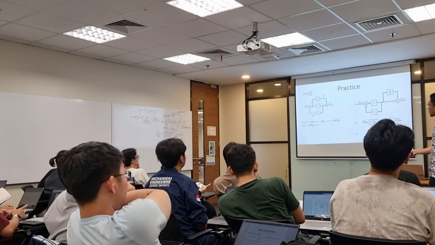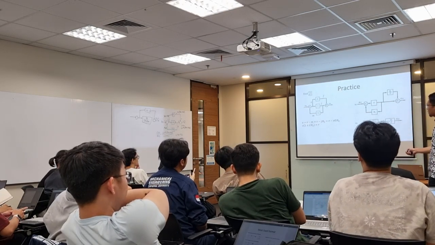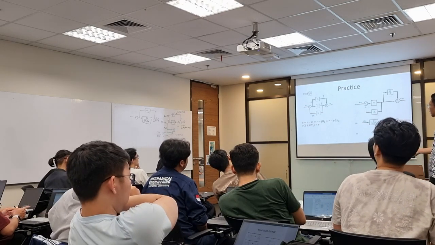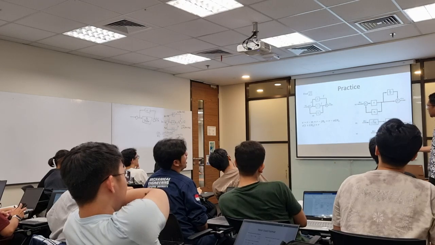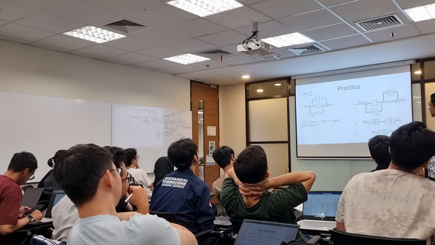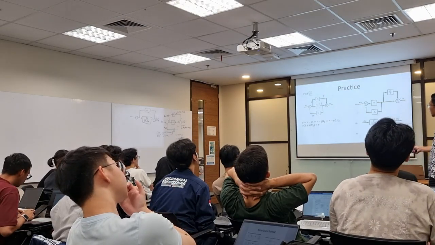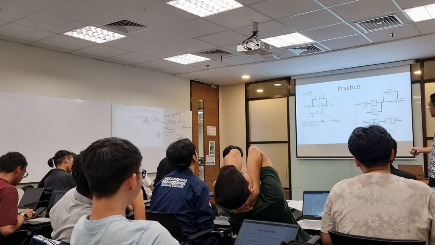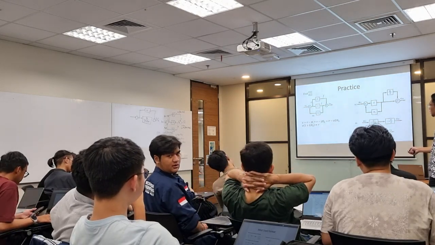So I start with R minus M to be the error. Okay, R minus M to be the error, and then M in here is J times H2. We also do the same thing. And then we know that the J over here is E times G, yeah? E times G. And after that I can get this.